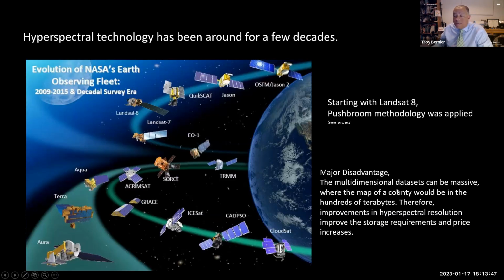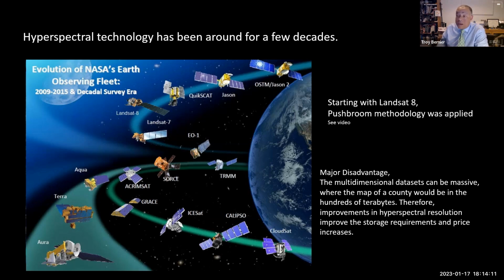But one major disadvantage that all of these systems have, and as we collect more and more data, is that you end up with extremely large data sets. If you're just trying to map a county within a state, you would be collecting hundreds of terabytes of data.